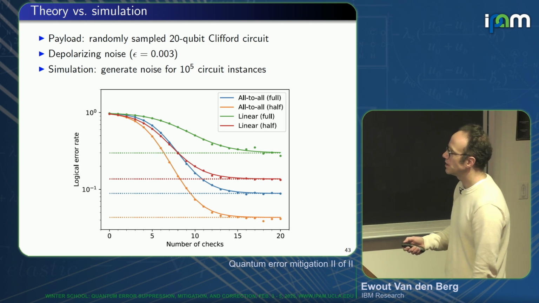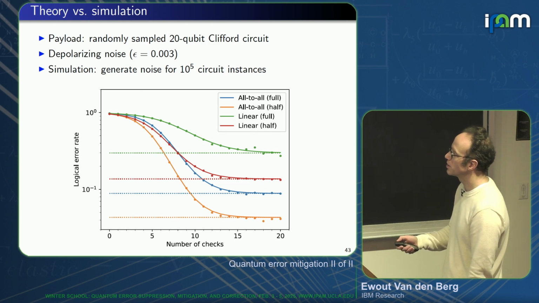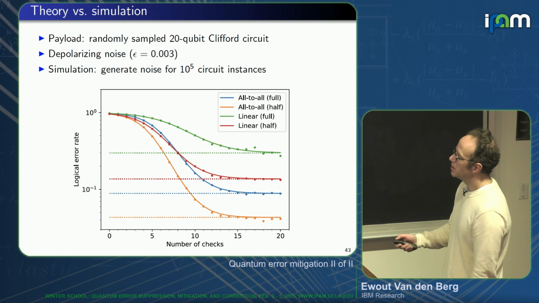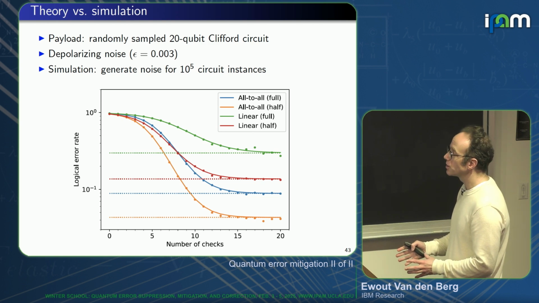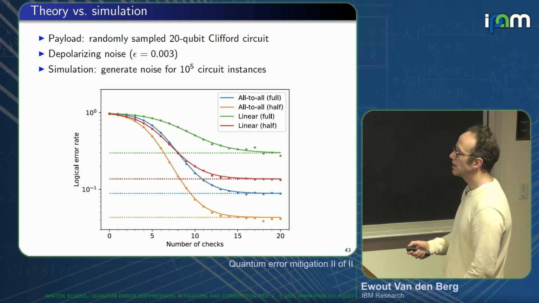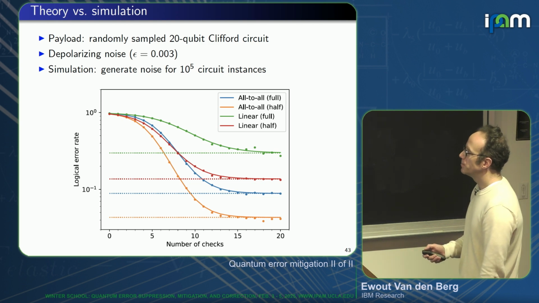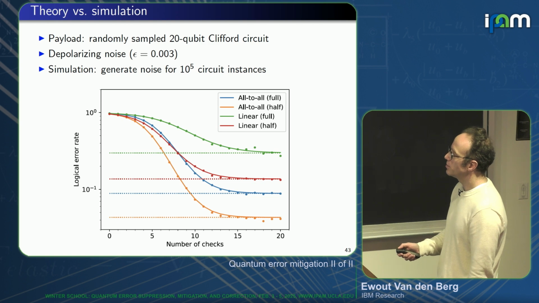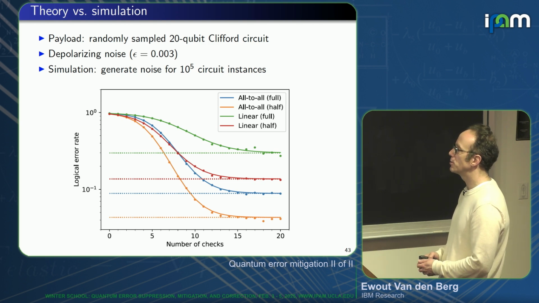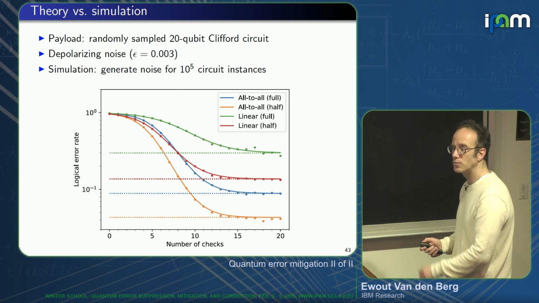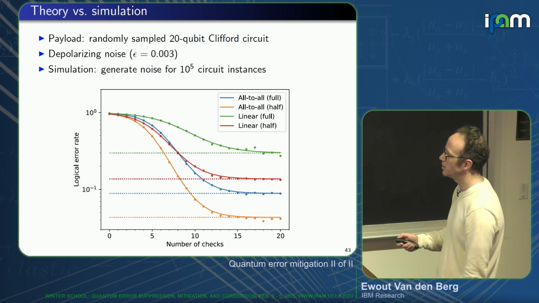So that's here. This is the theory versus the simulation. We just randomly sampled a 20-qubit Clifford circuit, then added depolarizing noise on each of the gates. For the simulation, we just generate 10,000 shots, sample it, and see what you get.